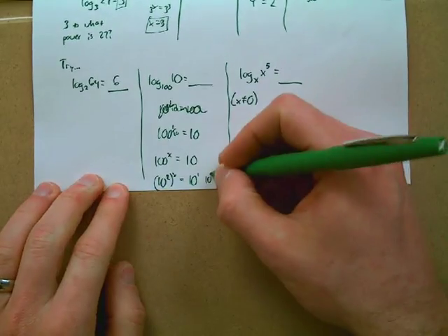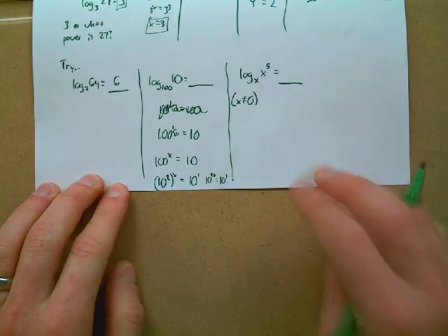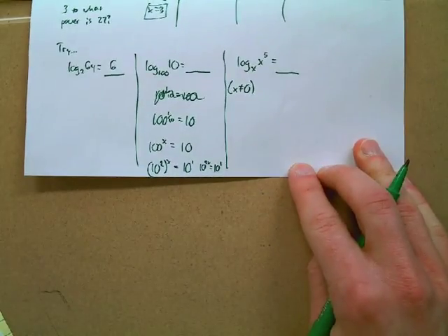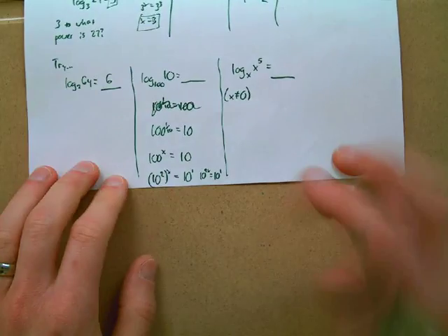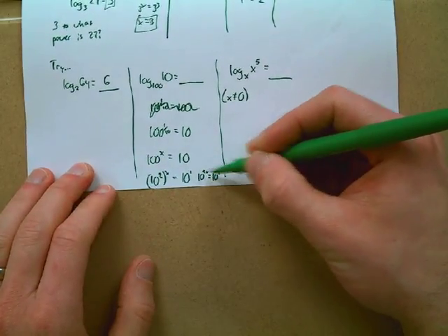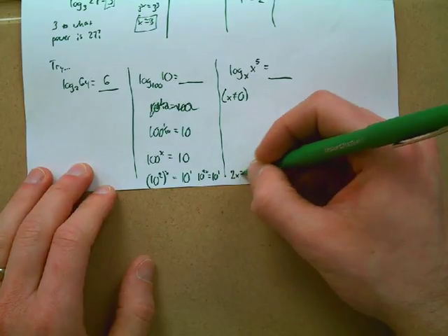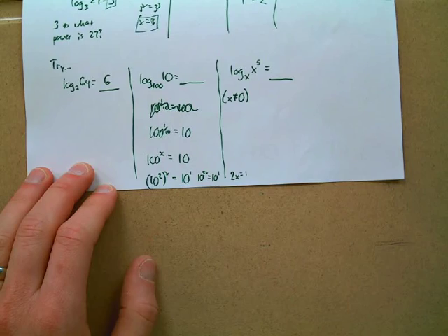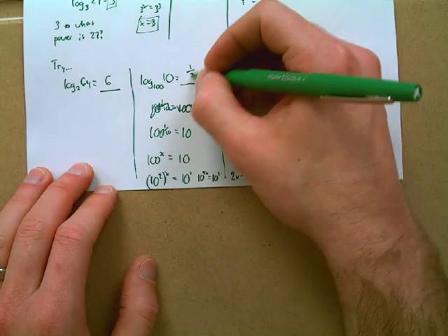I know I wrote that really small, because I'm running out of space. If the bases are the same, and these two things are supposed to be equal, then their exponents must also be equal. So 2x equals 1, and so x has to equal 1/2. 100 to the 1/2 power gives us 10.